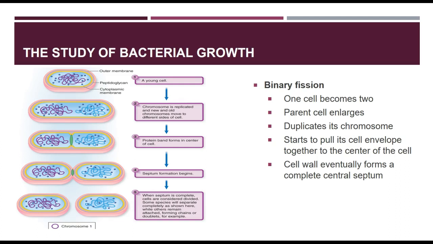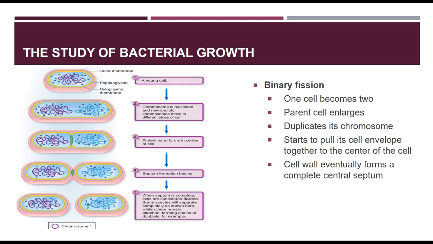Each copy of DNA or of the chromosome will move to opposite ends of the cell. A protein band is then going to form in the center of the cell between the 2 copies of DNA and connected to the plasma membrane.